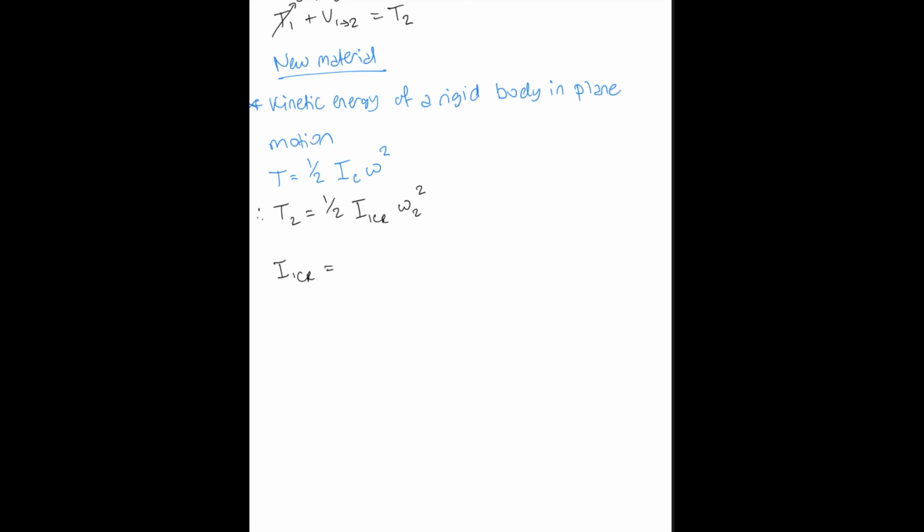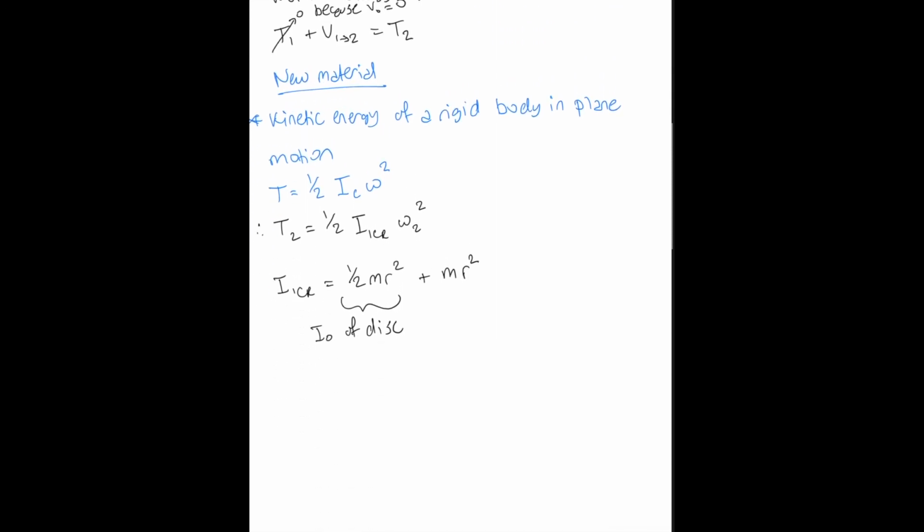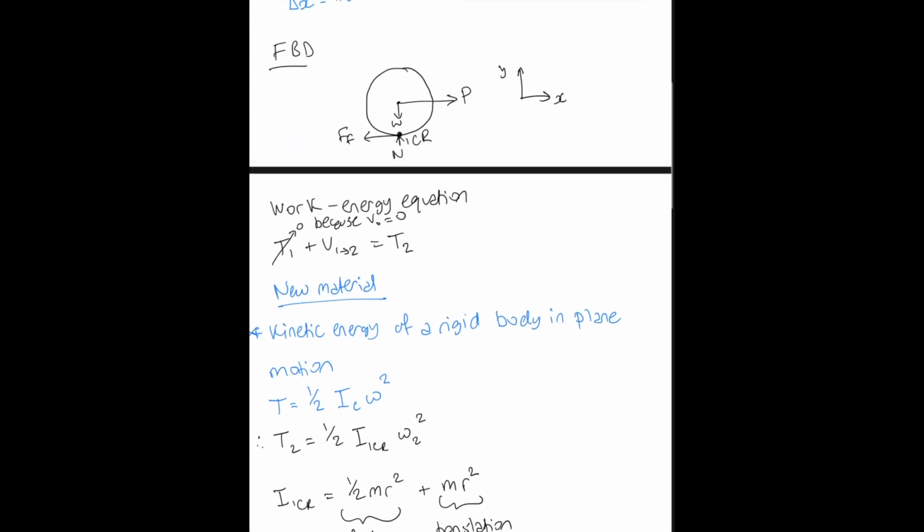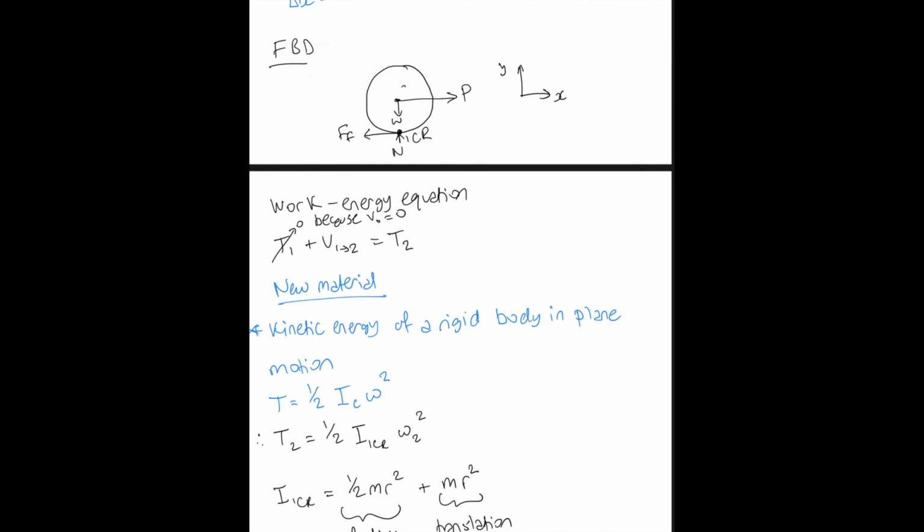We've got the rotational inertia of a disk, which is equal to half mr squared. So it's just the IO of a disk plus mr squared, because we're translating that to the ICR. So translation to the center of rotation instead of the center G.